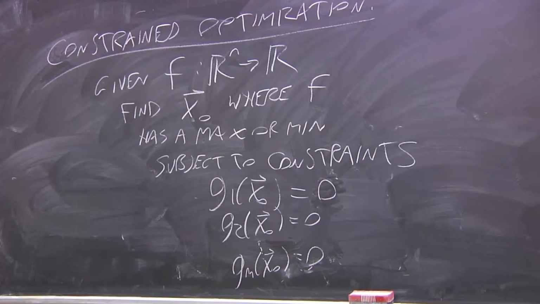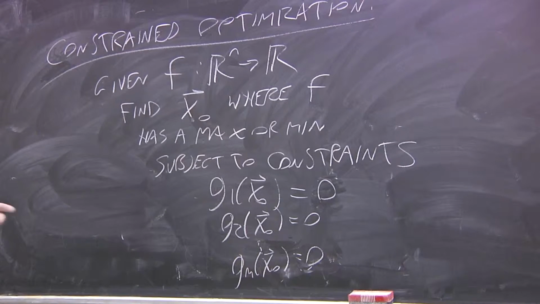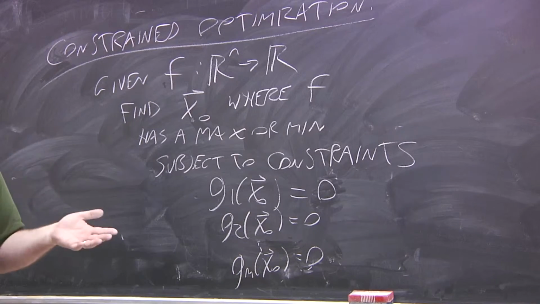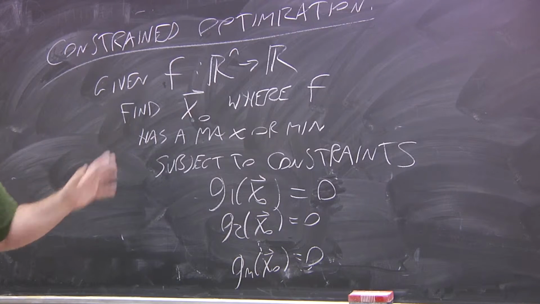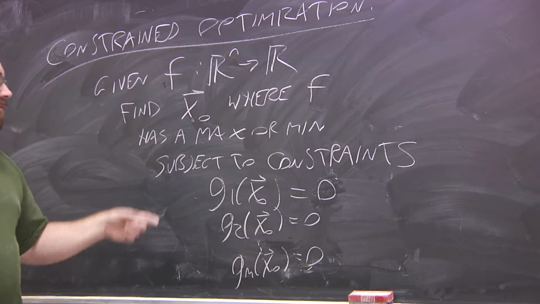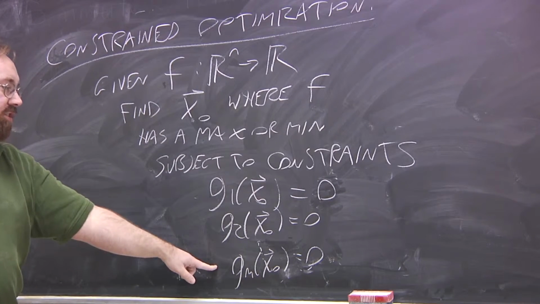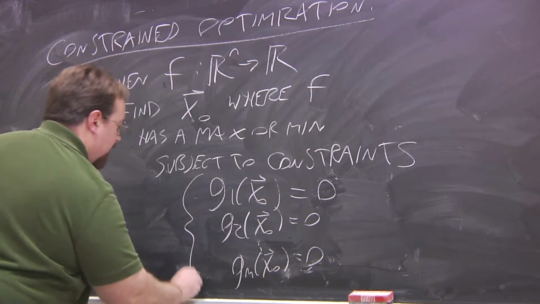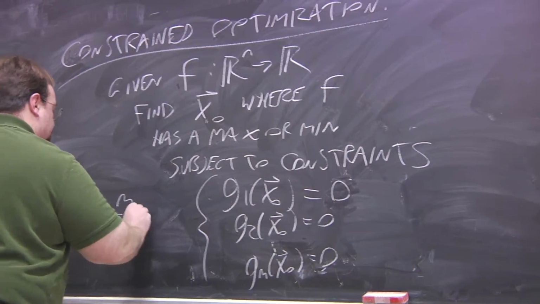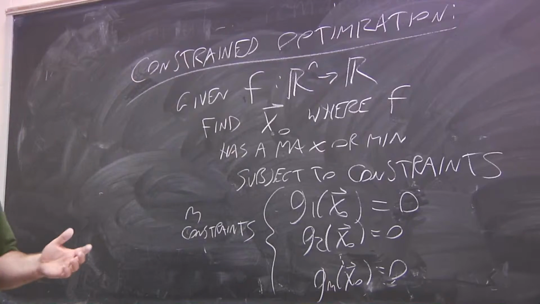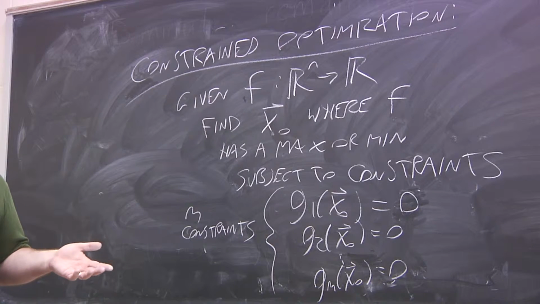So you can't just use a regular procedure of finding where the gradient of f is 0 and then checking its matrix of second partial derivatives. That is out, because you'll find a max or min, but you'll have no way of knowing whether it satisfies these constraints. So we have m constraints that we could have. Most of the time we'll be interested in a case where there's only one constraint.